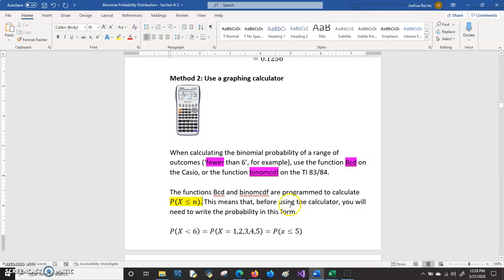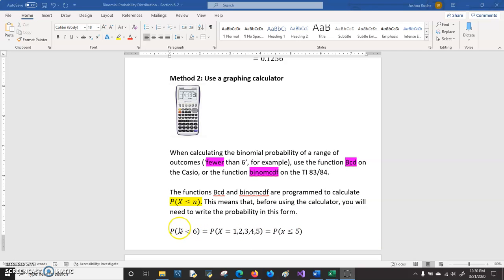And that means that before you use your calculator, you'll have to think about that, and you might have to rewrite your problem. We're trying to find the probability that x is less than 6. And x being less than 6 means that x could be 0, 1, 2, 3, 4, or 5, which is the same as writing it this way: the probability that x is less than or equal to 5.